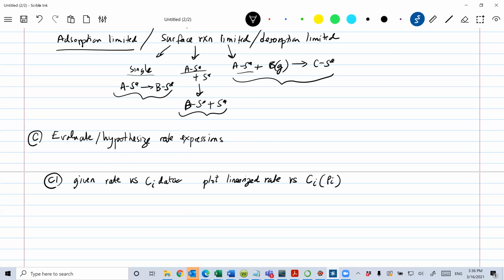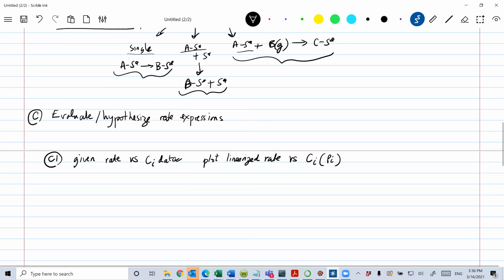On the exam, I'm going to ask you to linearize a rate equation. You don't have to calculate, you just linearize it to show how you would go about getting information from the data.